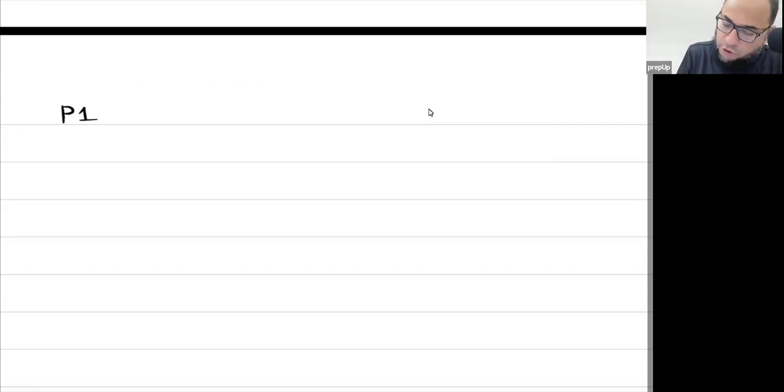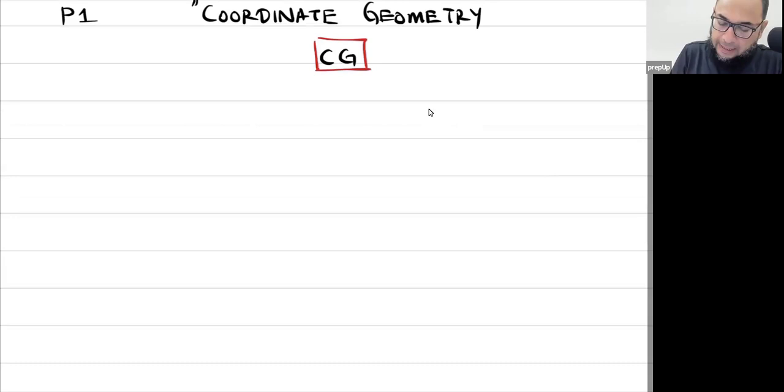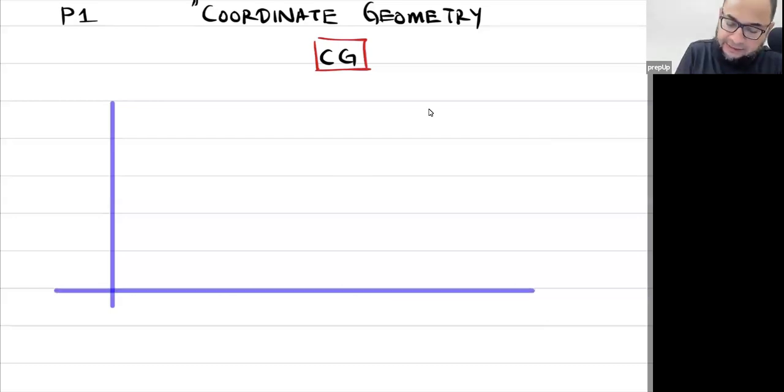And the first topic that we will start with is coordinate geometry. From now on, instead of using the whole big name, I'll just refer to it as CG, coordinate geometry. Now, if we talk about coordinate geometry, let me draw the y-axis, let me draw the x-axis.